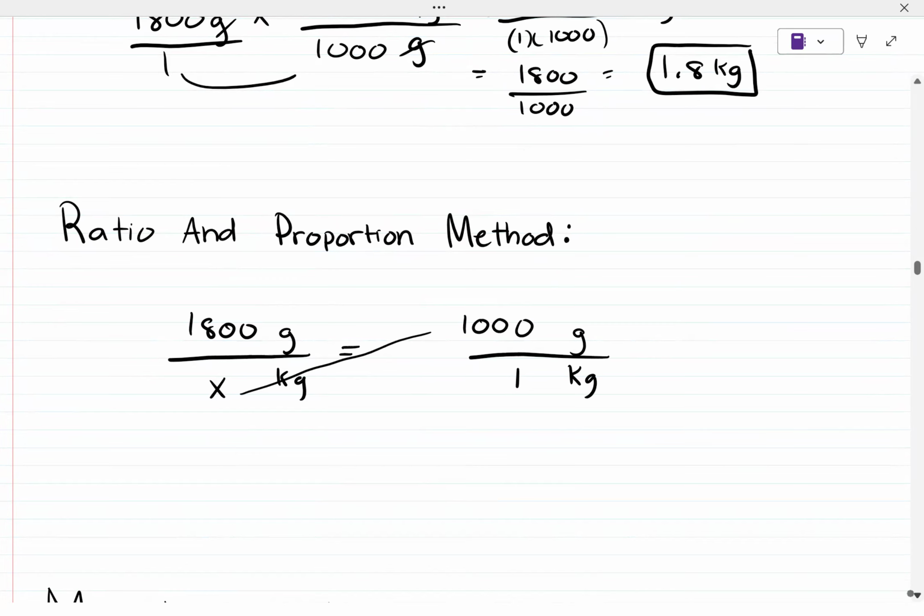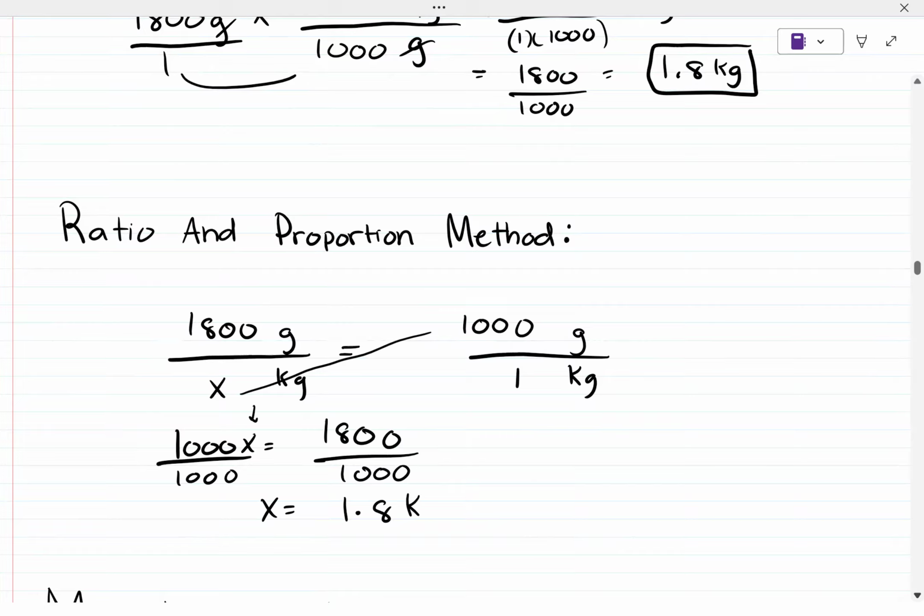Then all you got to do is cross multiply. So it's going to be 1,000 x equals 1,800 times 1 is 1,800. Go ahead and solve for x. So get rid of this 1,000 by dividing both sides by 1,000, and we'll get 1.8 kilograms.